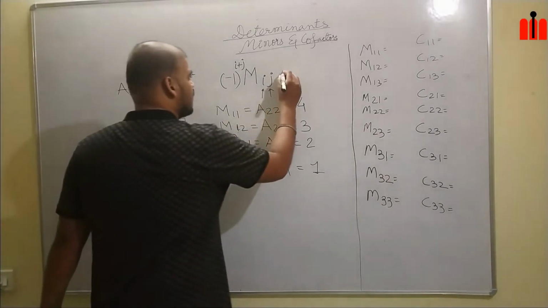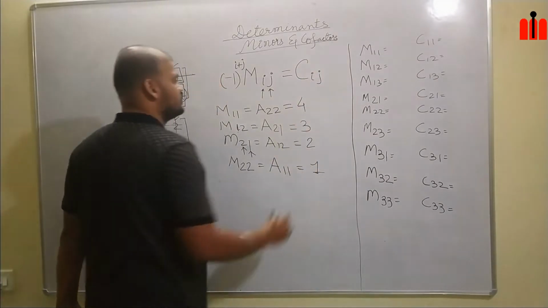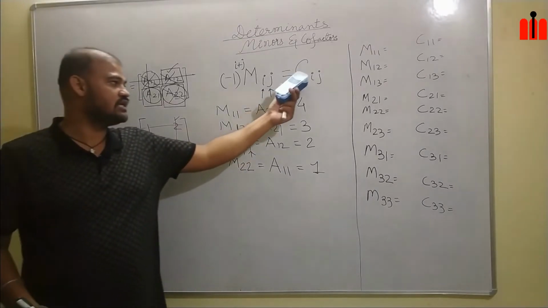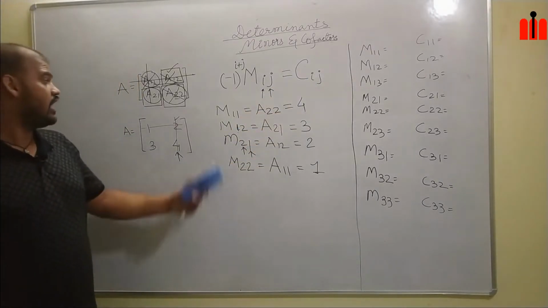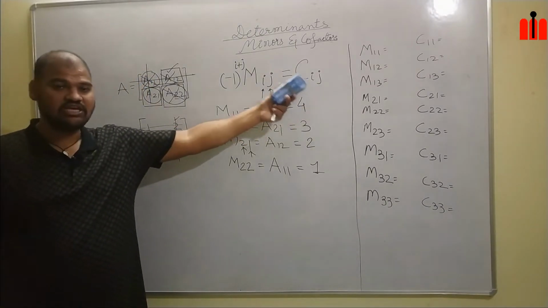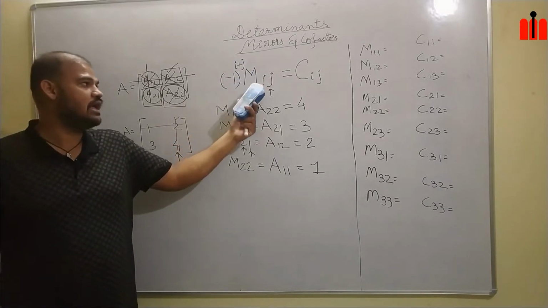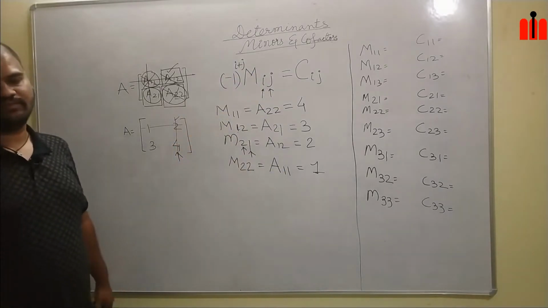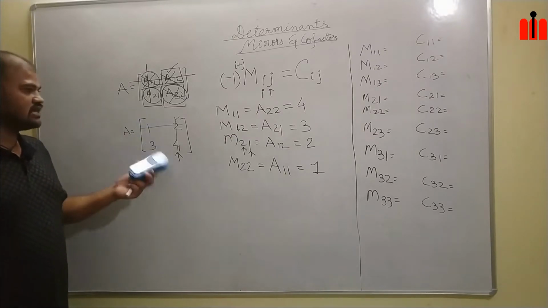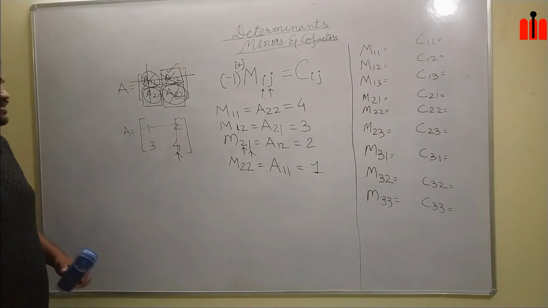Then we will come up with the cofactor of that element, that is Cij. So cofactor is represented by Cij, and for element Aij, cofactor Cij will be equal to -1 to the power of i plus j times Mij.